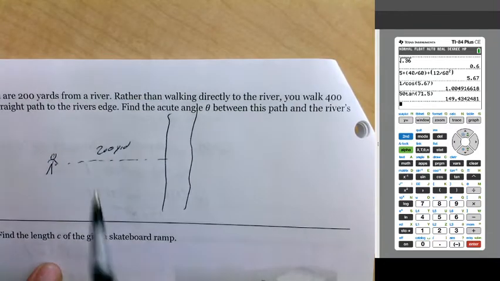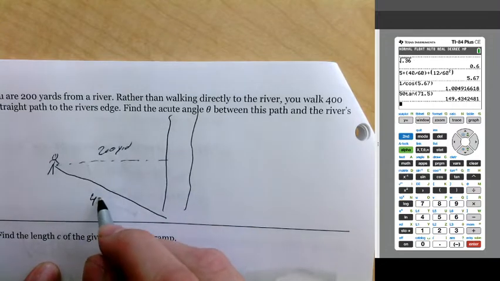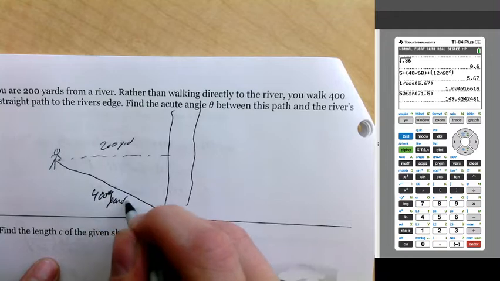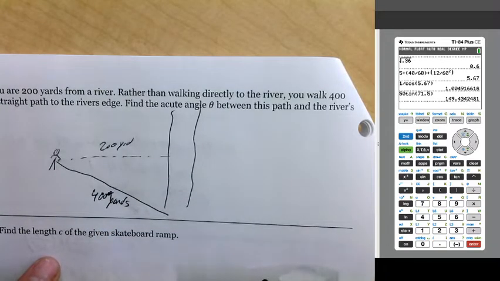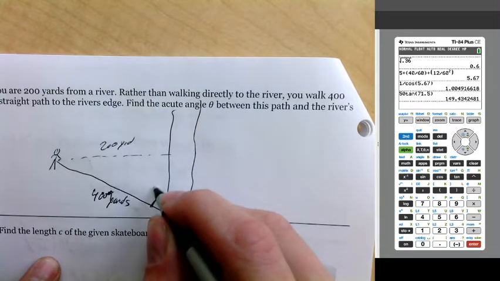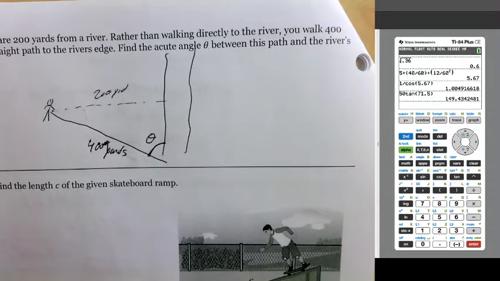Instead of going directly here, you walk 400 yards a different way, along this path. Not degrees, 400 yards. You want to find the angle between this path and the river's edge, so this angle here.